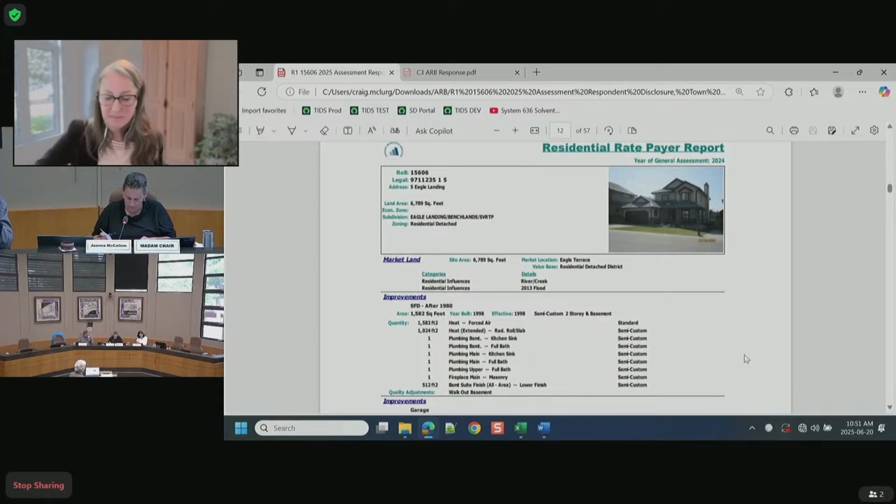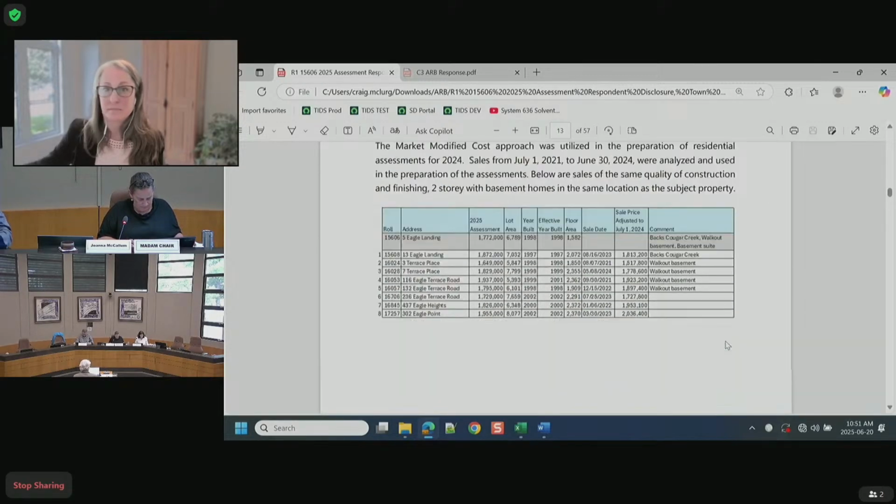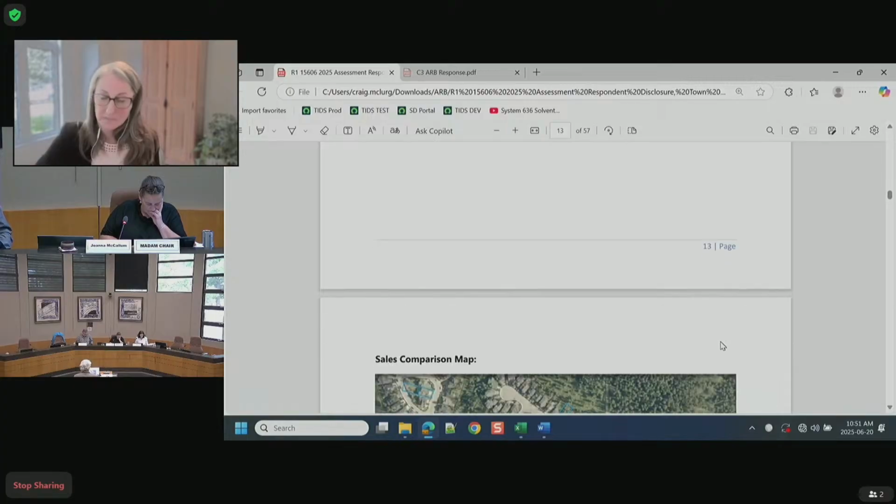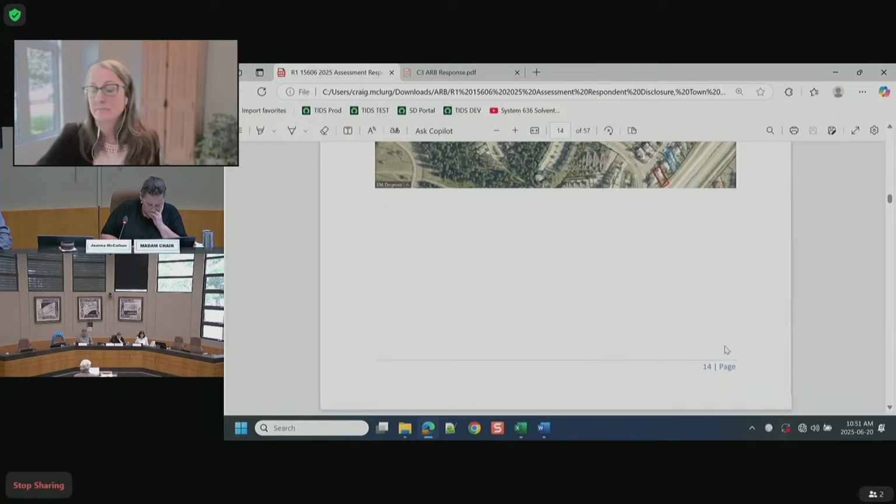I also just have a question in regard to your evidence about, on page, where are we? The units of comparison. Which page is that? Is it page 15? Okay, thank you. So we have a comment that using a unit comparison analysis to adjust one property is misleading.